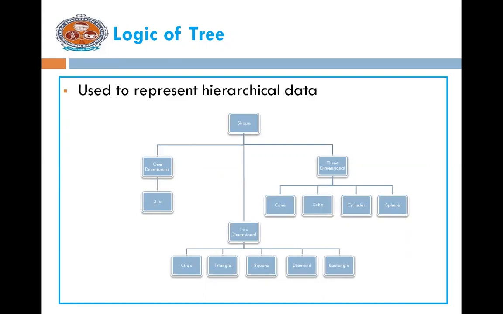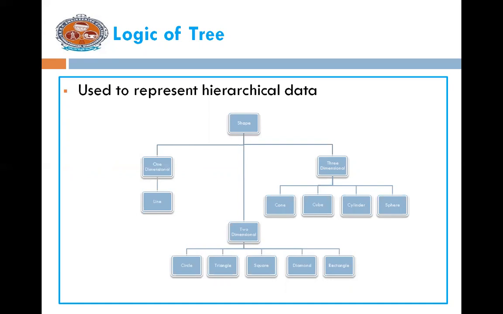Hierarchical data is defined as a set of data items that are related to each other by hierarchical relationships. Hierarchical relationships exist where one item of data is the parent of another item. In that way, here we will represent the data in hierarchical format.